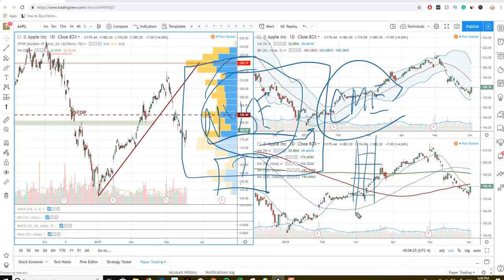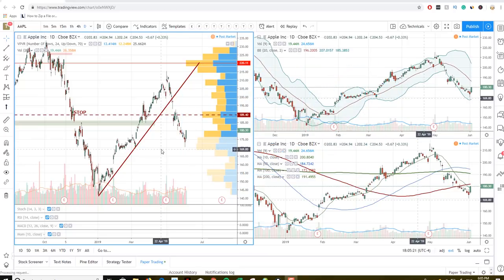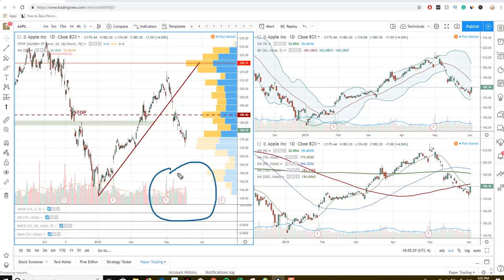If you want more information on the footprint, we've got more videos. However, the CME and the NYSE do confirm shares exchanged and contracts traded. So with the exclusion of Forex, that means that you guys can trade any other instrument based on its volume.